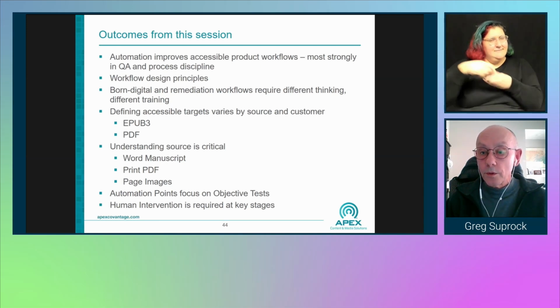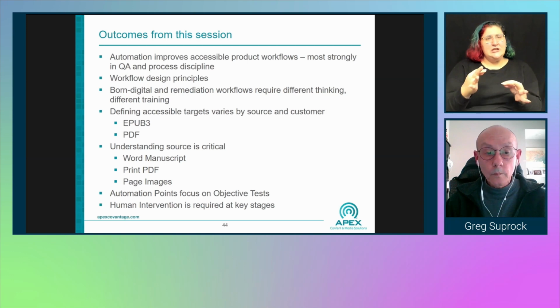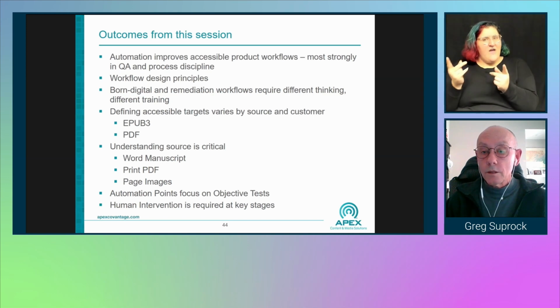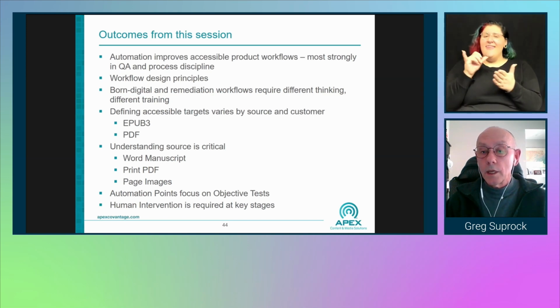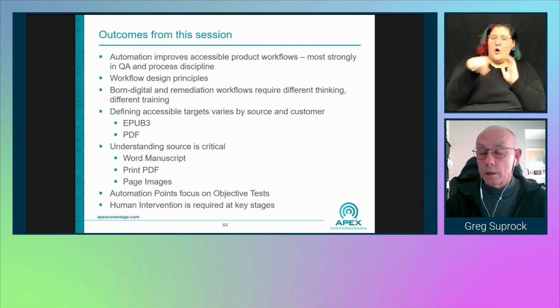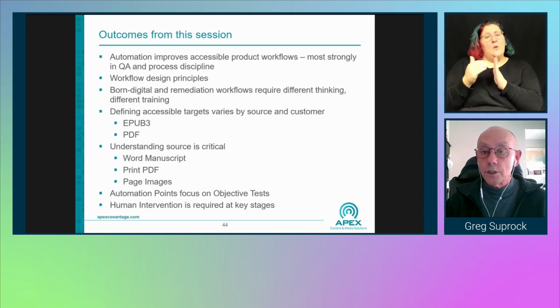And as you move forward through the workflow process, the amount of automation that you can put in and the speed with which you can deliver files is tightly correlated with what the output quality needs to be for that content. The higher the quality expectations, the more frequently you need to put in people to make final decisions.